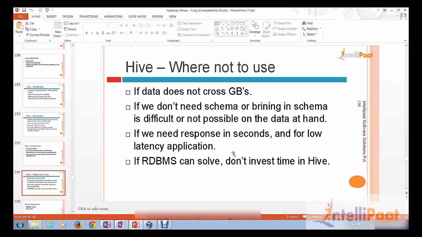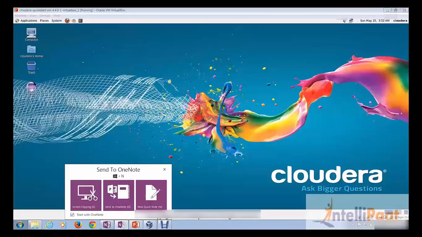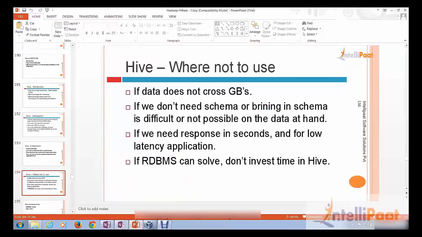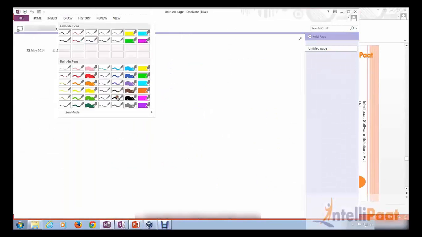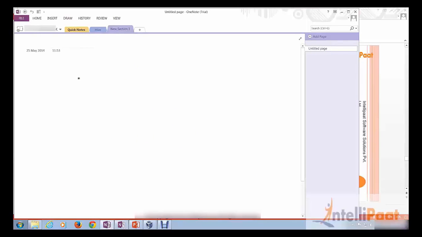Now, when will you not use Hive? Rather than just giving a statement, like don't use Hive in this case or that case, we'll go back to the basics. Let's say this is the HDFS system.